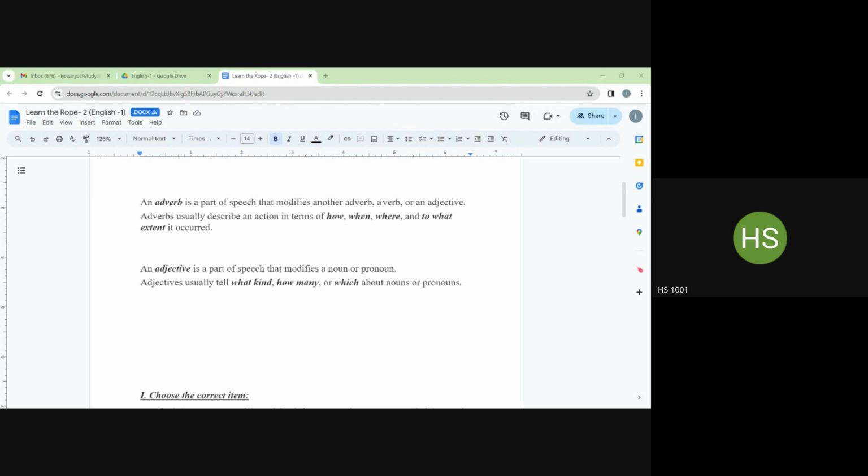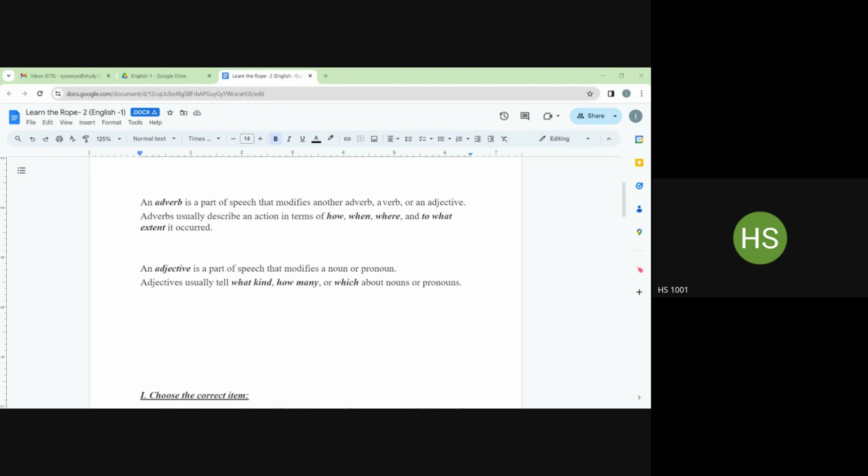What is the adjective in this and what is the adverb in this? Just tell me what's the adverb in this phrase. Very good. The adverb would be 'very'. So 'good' is the adjective, and 'very' is an adverb which modifies the adjective 'good'.